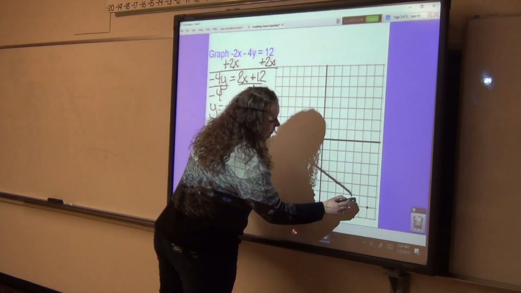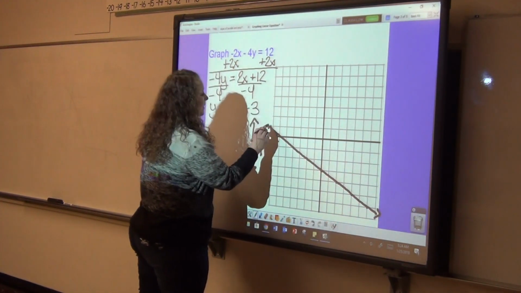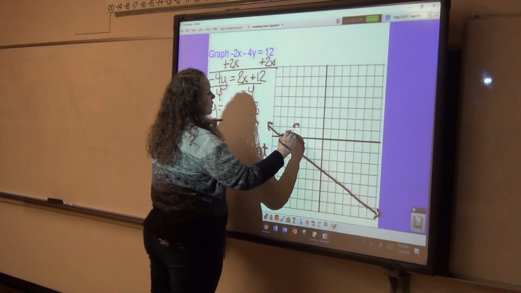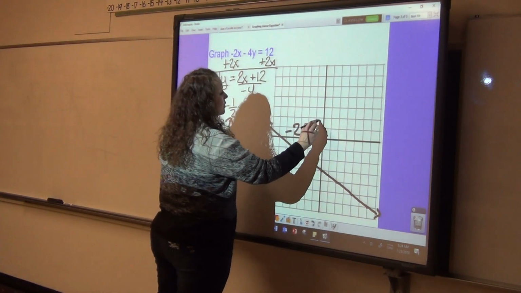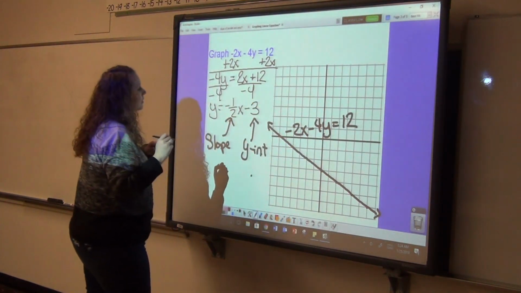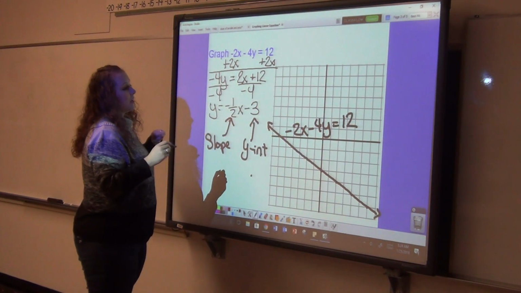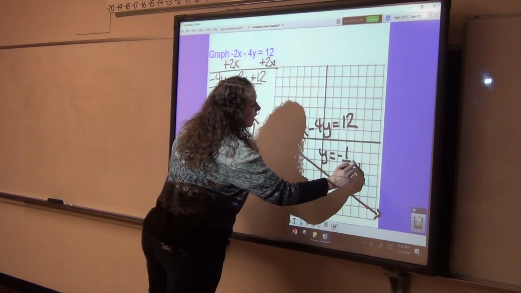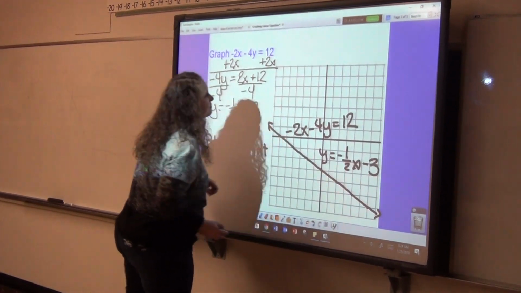See how straight I can draw this line. That was pretty good. All right, so this is the line, negative 2x minus 4y equals 12. Or we could also label it y equals negative 1/2 x minus 3.